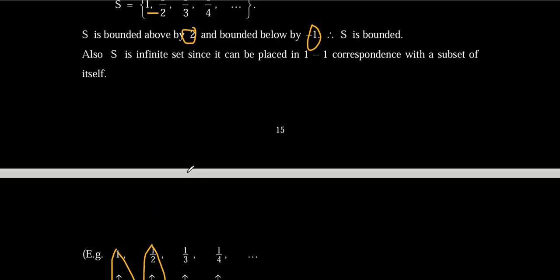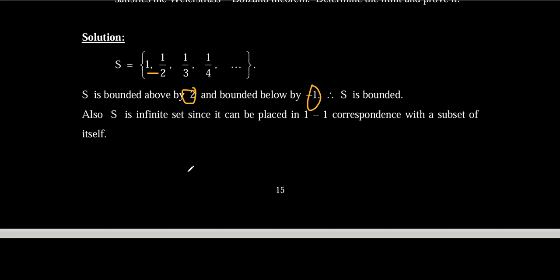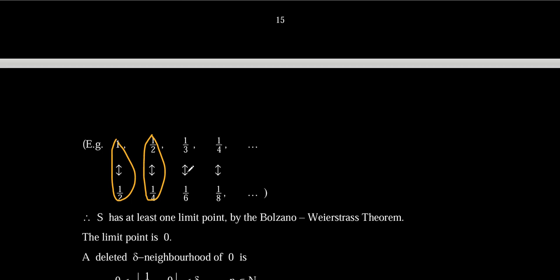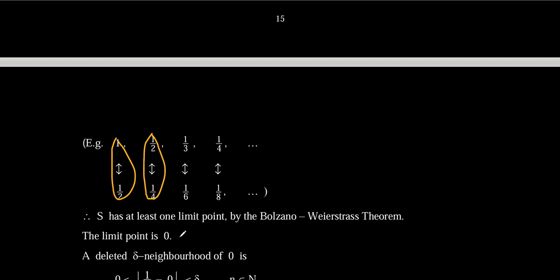That is what the one-to-one correspondence means. So since it can be done, this set is not uncountable, it is countable. But as much as it's countable, it is bounded, right? And so you realize that the limit point is 0 because that's the greatest lower bound.